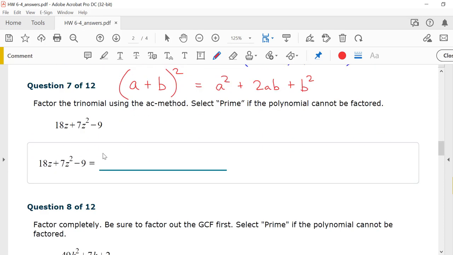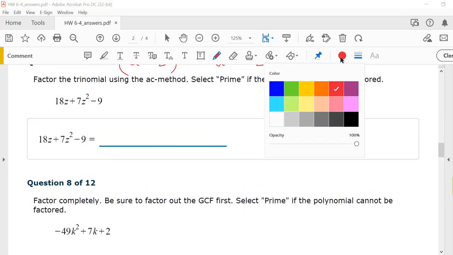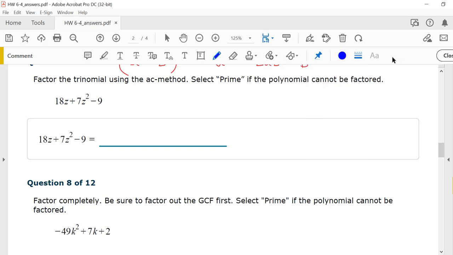Okay, let's do another one. Number 7. I need to write it in the right form first. 7z squared plus 18z minus 9. The number up top is negative 63.